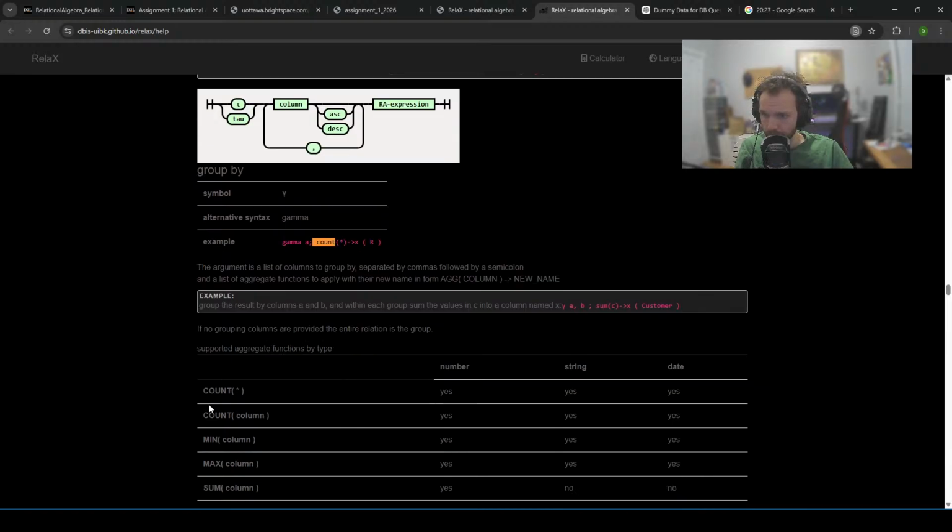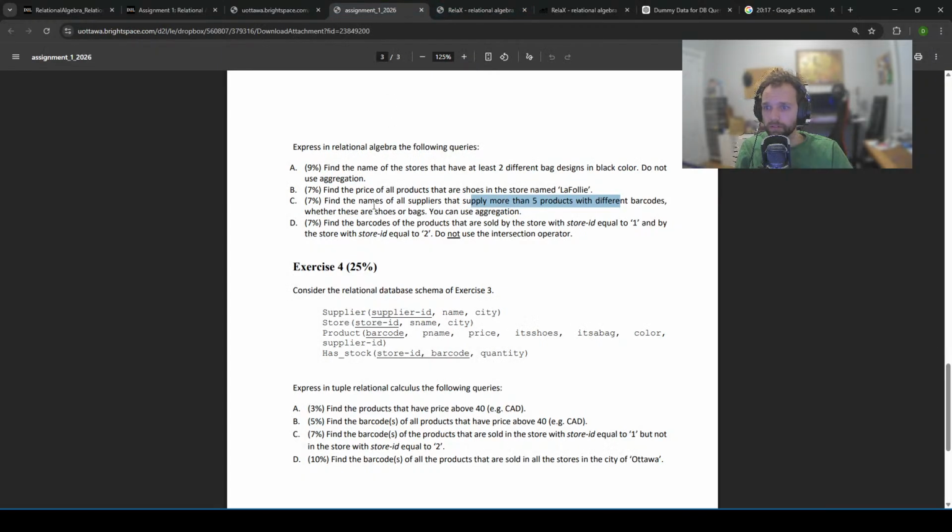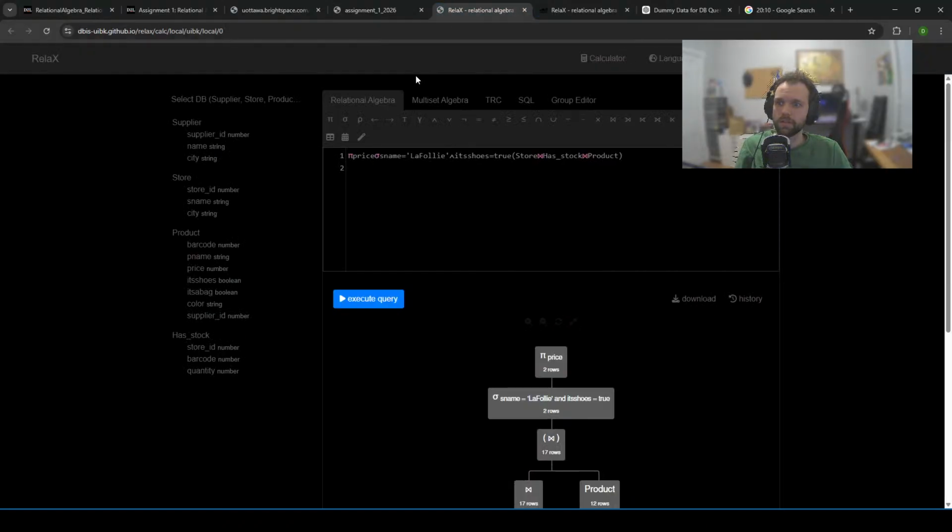Supported aggregate function types. Yes, yes, yes. Count column. Okay, so it's going to be group by supplier and then count barcode.